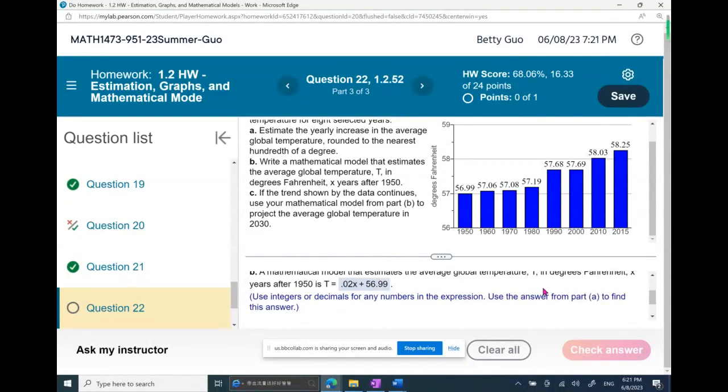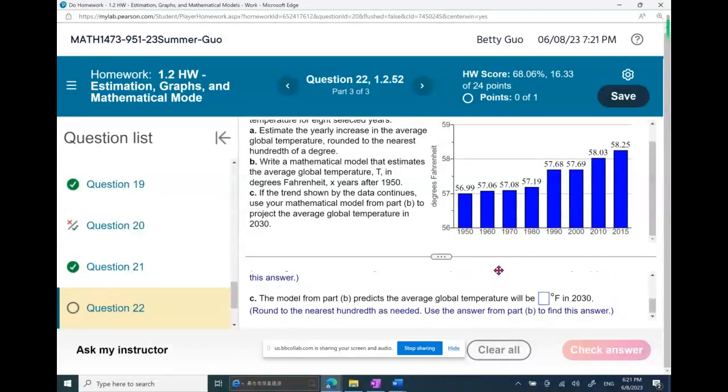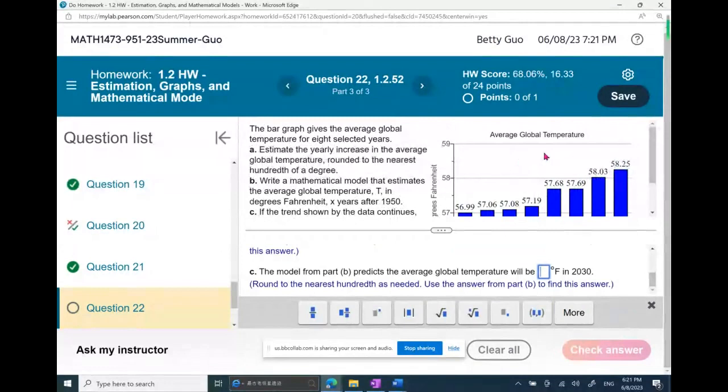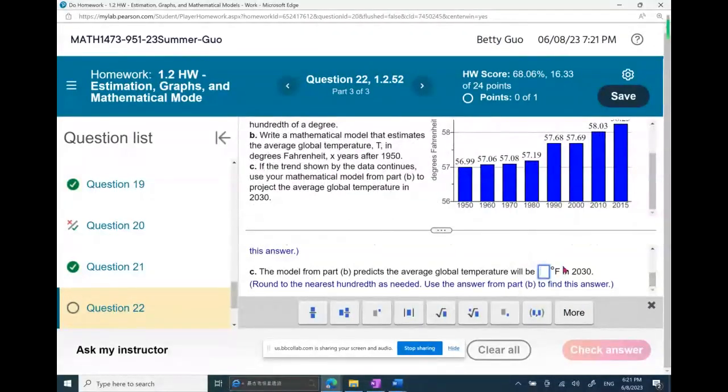Okay. We use 0.02 multiplied by 80. We plug in x equals 80 and then add the initial value of 56.99. And I got 58.59. This is the average global temperature, right? Average actually doesn't give a feeling.